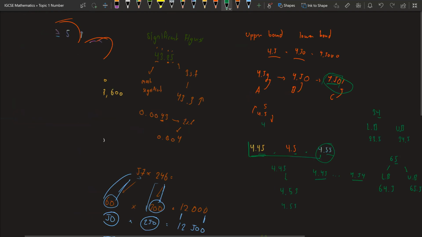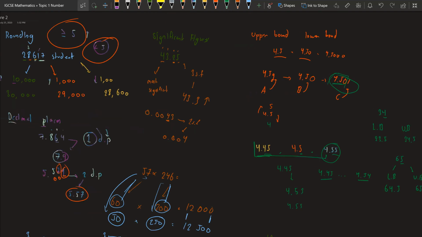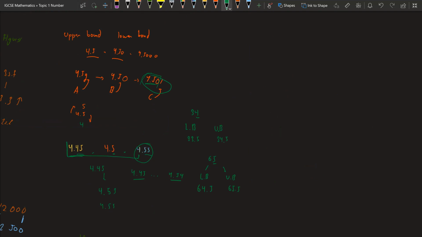But before that, let me introduce you to a few symbols and notation in maths. Now, this one represents equal.